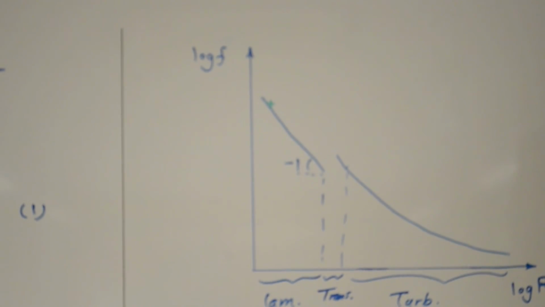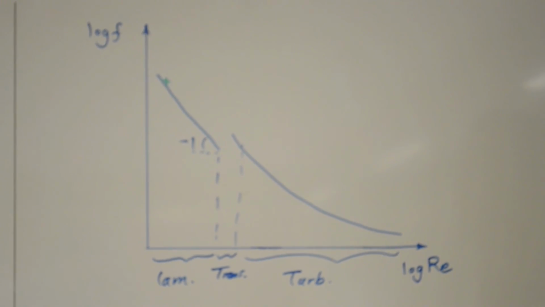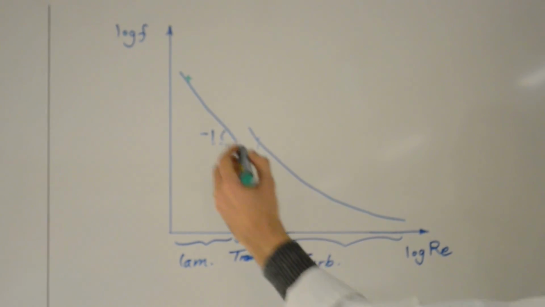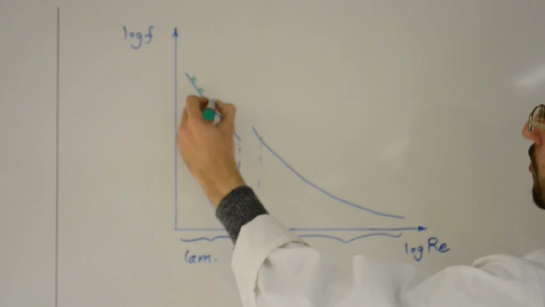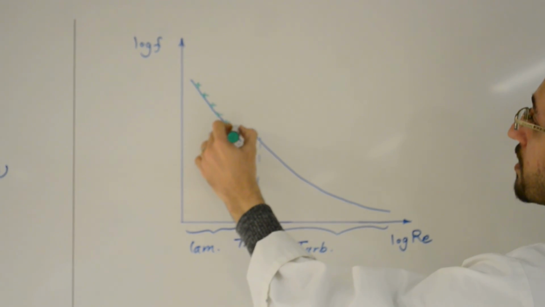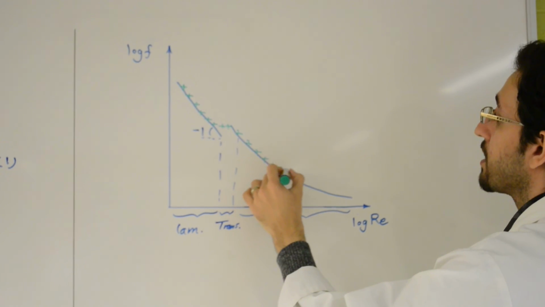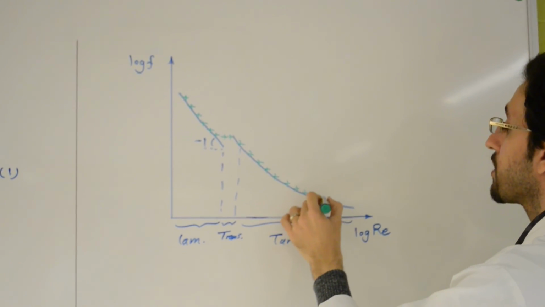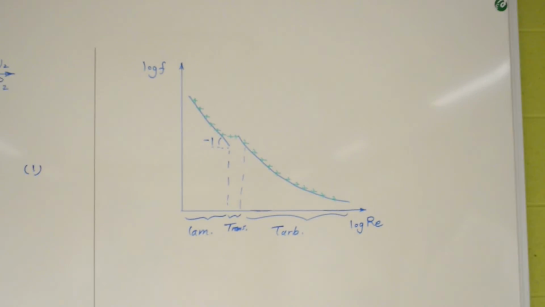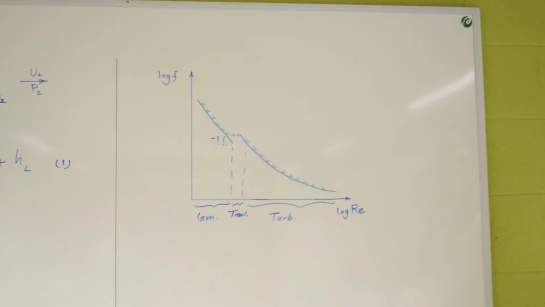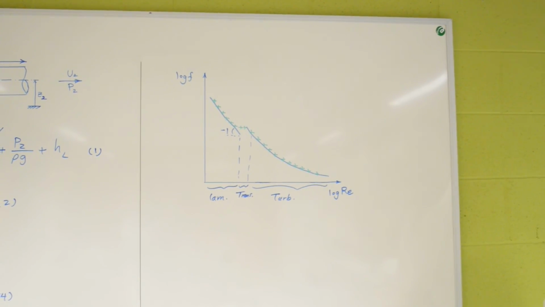By changing the velocity and measuring velocity and pressure drop, we can have more experimental points on this plot, and we are essentially going to reproduce the friction factor versus Reynolds number curve in this prac.